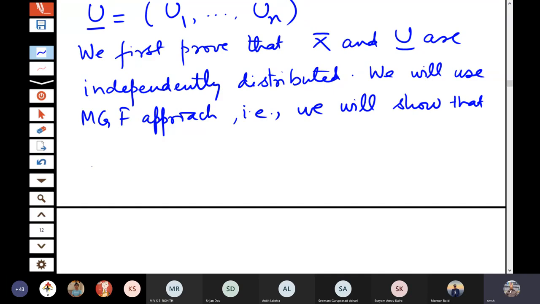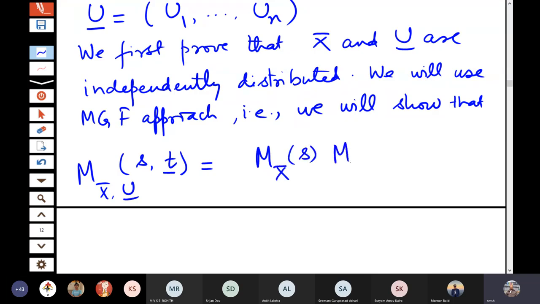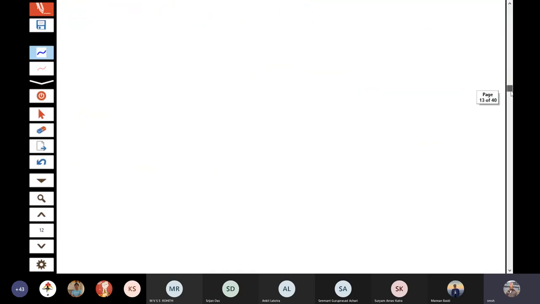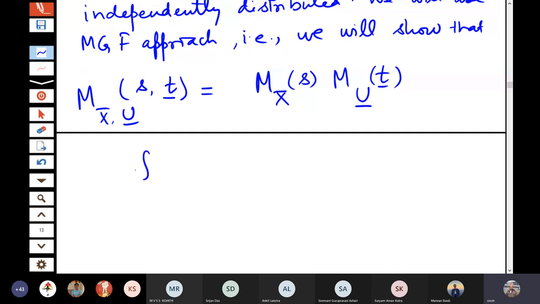The moment generating function of x bar and u at the point, say, s and t, is the product of the moment generating function of x bar at s and the moment generating function of u at t, for all s and t.